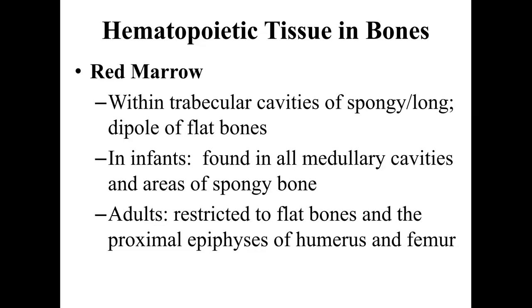So this is something that's pretty cool about the medullary cavity and that yellow bone marrow and red bone marrow. As an infant, it's red bone marrow, and as they grow older, it converts over into yellow bone marrow. But if you are in an accident, or let's say you donated a lot of blood and your body has to get that blood supply back up, it can convert that yellow marrow back over to red bone marrow and get your blood supply back up.